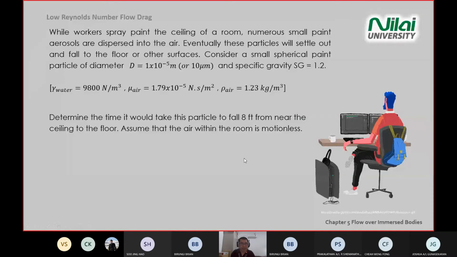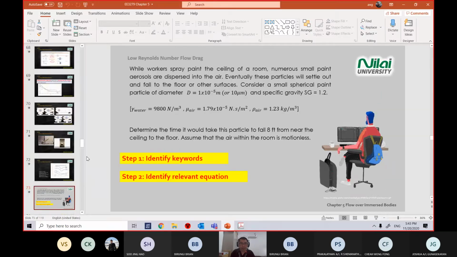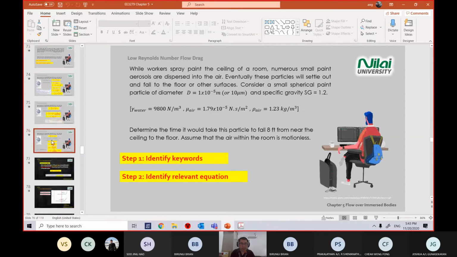So let's look at this diagram, this tutorial question. I want you to change something on the question, which is the unit, this one. All right. I think this one I found the answer in SI units, so I forgot to change the imperial unit. So this one I think is 8 meter. Let me check. The solution I think is in 8 meter.